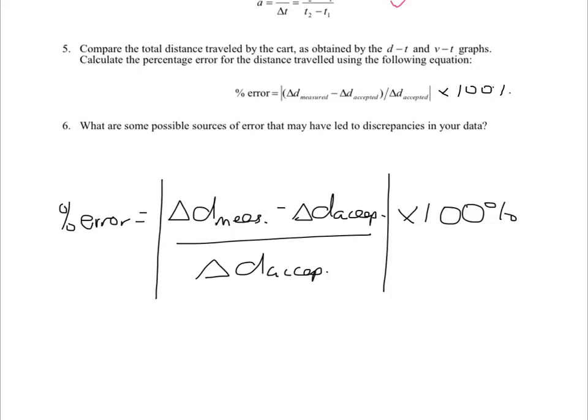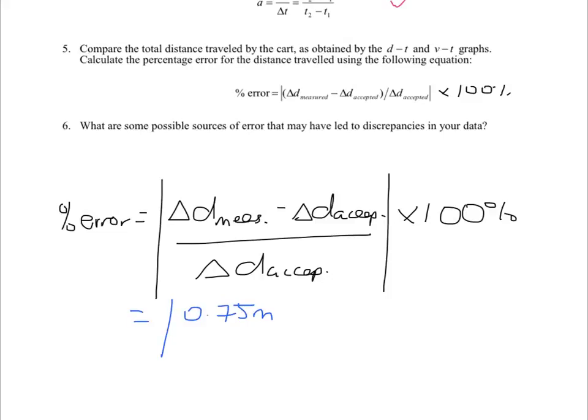Okay, so if you take a look at your data table again, you should have been able to come up with delta D measured and delta D accepted. Let's say in our particular lab we came up with the following numbers. Let's just say I came up with 0.75 meters or 75 centimeters as my delta D measured.